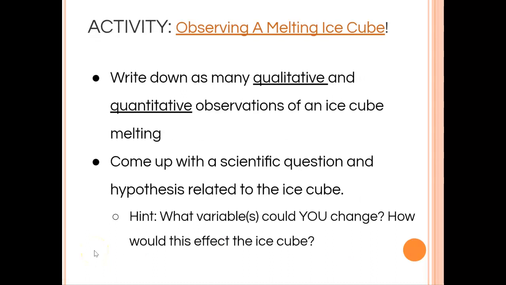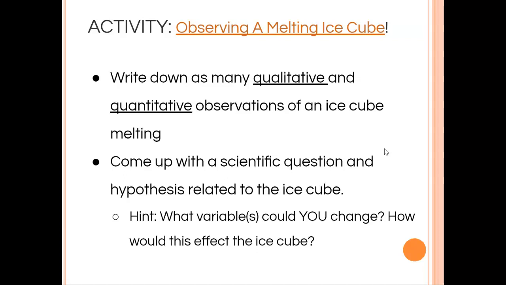So in the next activity, what we're going to do is we're going to observe a melting ice cube. Okay, so I have that on video for you. And so what I want you to do on your worksheet here is to write down as many qualitative observations and quantitative observations of the ice cube as it's melting, right? What could be some qualitative and quantitative observations that could be made?